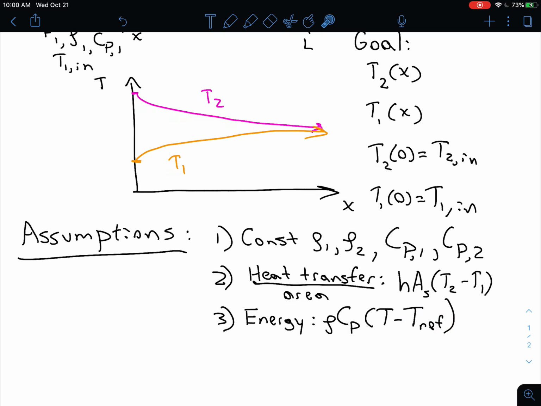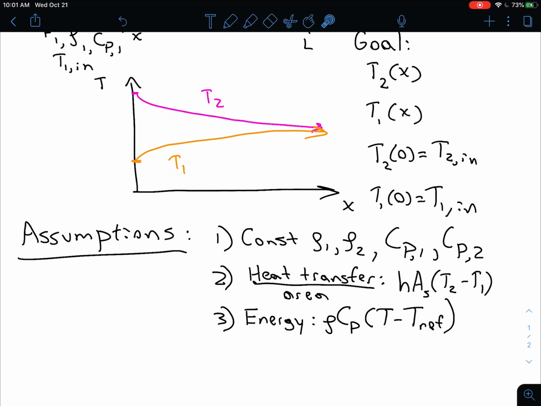What's important is that whatever the reference temperature is, we don't want there to be a phase transition. We don't want the fluid to evaporate or freeze or melt between the temperature of interest and the reference temperature, so that the assumption that the density and heat capacity of that fluid is constant holds.